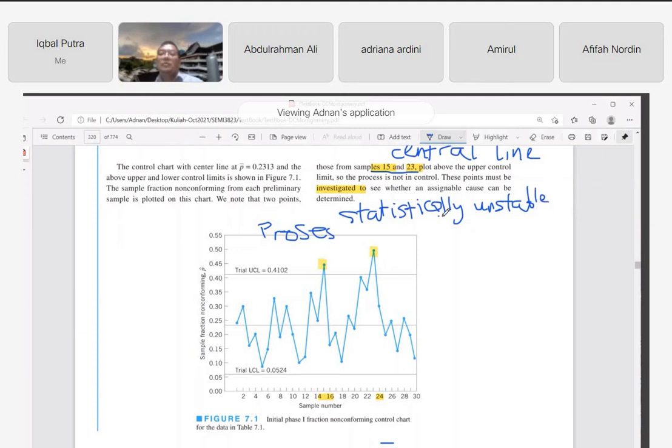So what do we do? We revise. We revise the control chart, meaning you're going to have a revised control limit. The control limit might also be slightly lower because we are now removing the unstable point.